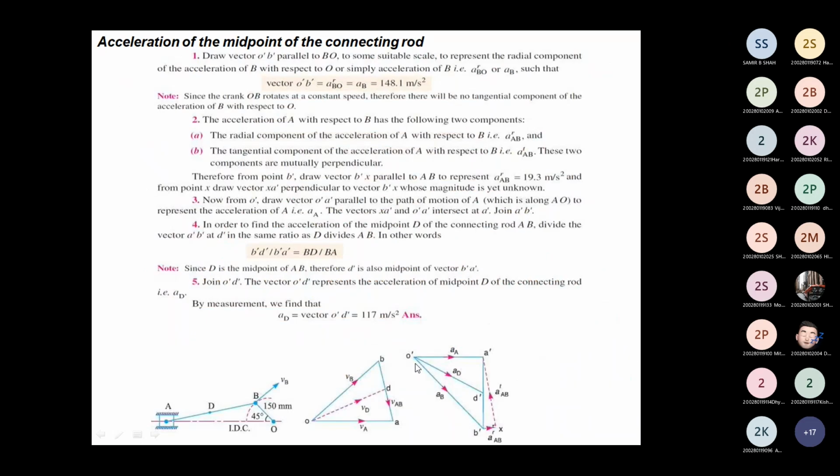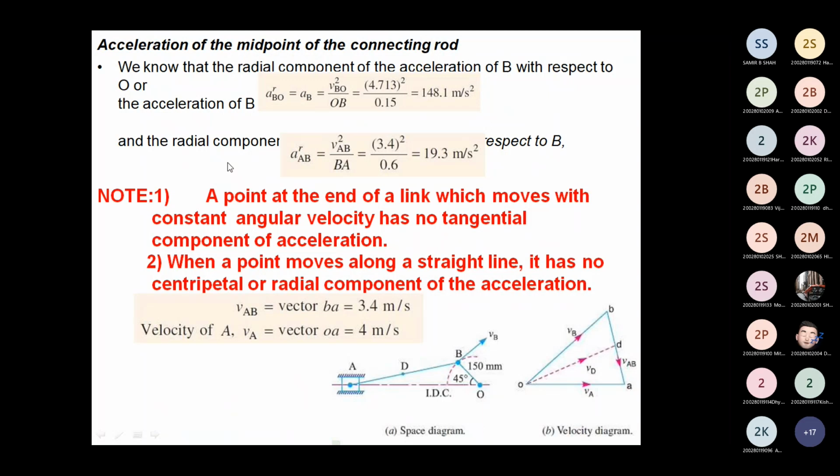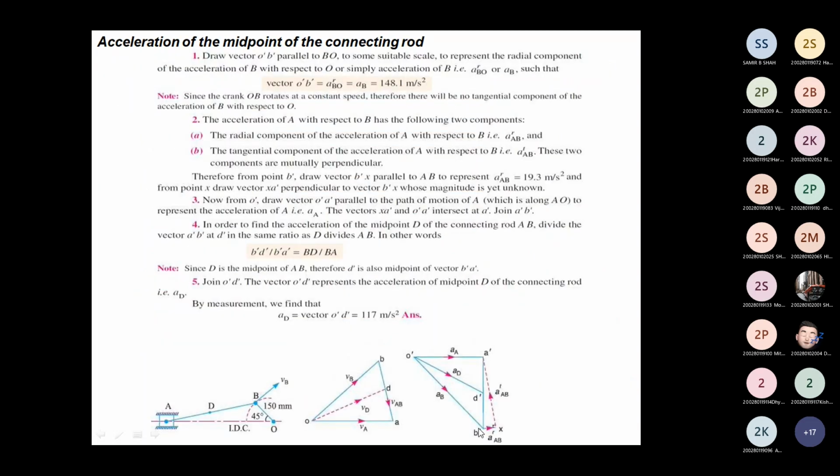So first draw the parallel line. After that you get exactly about a 7 centimeter line, and you get point B dash. That means O dash B dash is the acceleration of the OB link. O dash B dash. Now talk about AB.